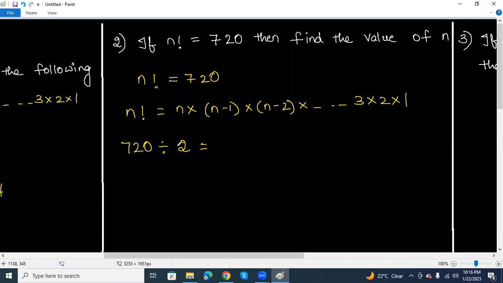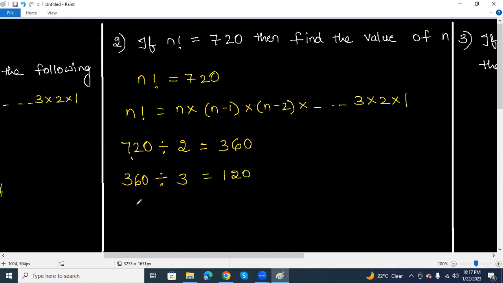What is the quotient we get? 2 threes are 6, 1 is the remainder, 2 sixes are 12. 360. Okay, 360 is the quotient. Take this quotient 360 and divide by the next least digit, 3. 3 ones are 3, 3 twos are 6, 0.